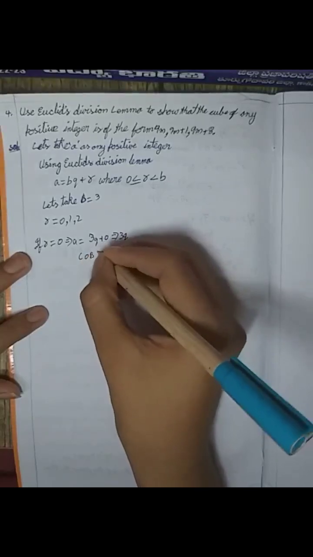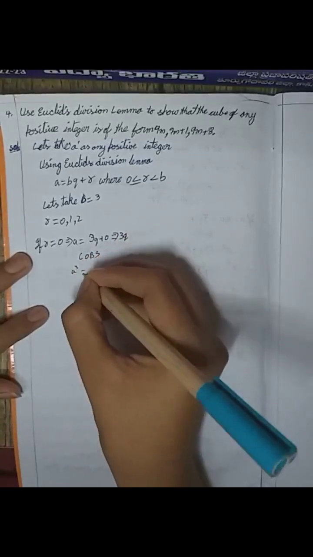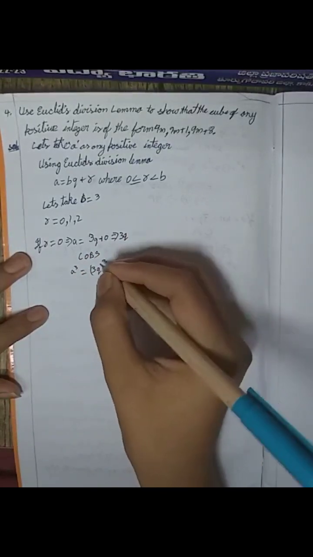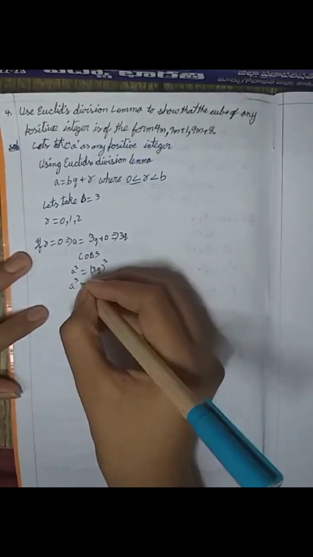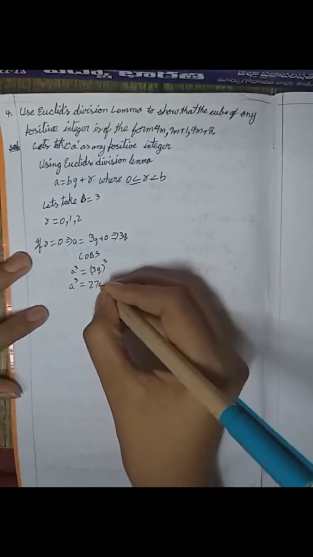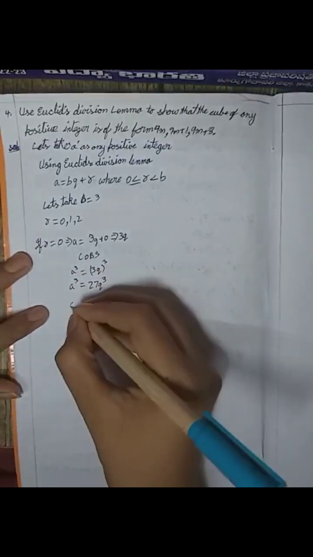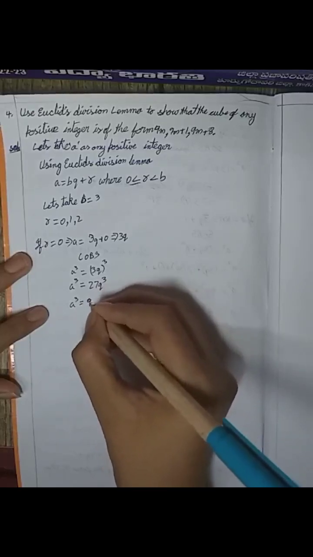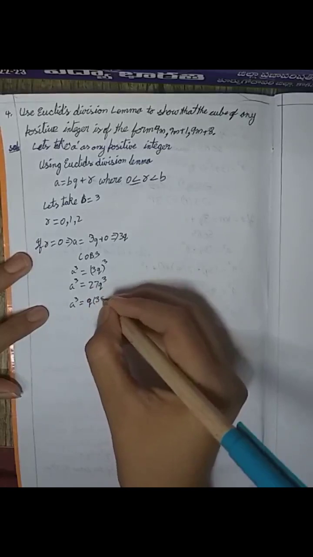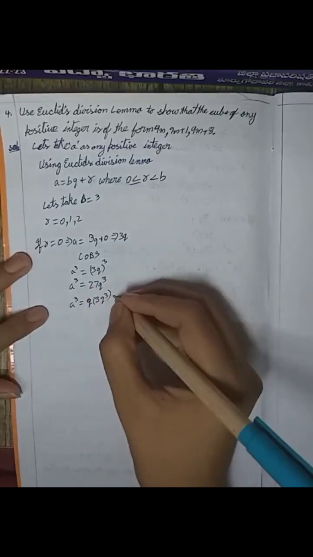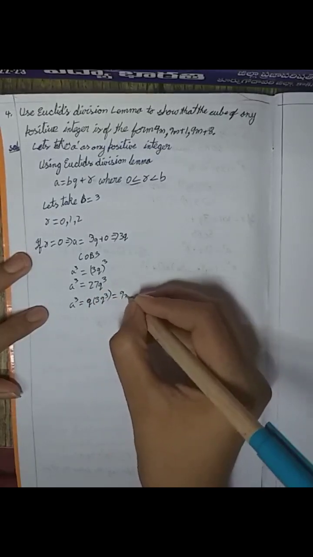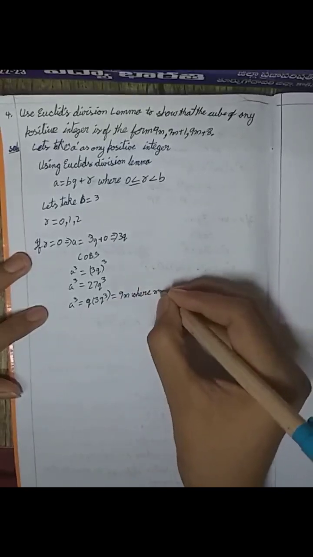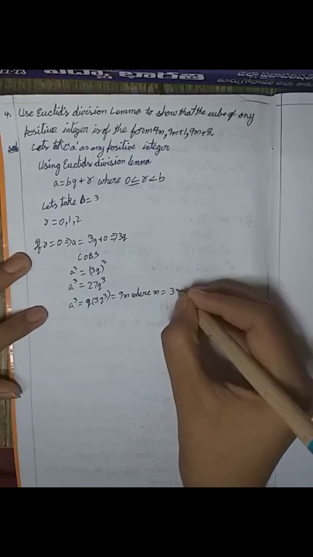Cube on both sides. a cube is equal to 3q whole cube. a cube is equal to 27q cube. a cube is equal to 9 into 3q cube. It is equal to 9m, where m is equal to 3q cube.